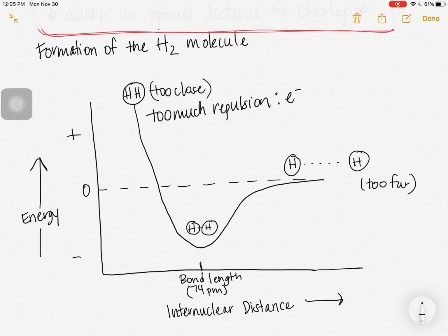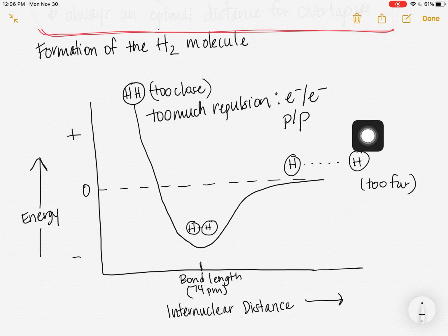We have electron and electron repulsion, but we also have the nuclei repulsion, or the proton repulsion. So the protons don't like each other either. Some students will say, well, there's still attraction between the protons and the electrons. Oh, absolutely. But the repulsion is overriding that. There's way too much repulsion when they're too close.